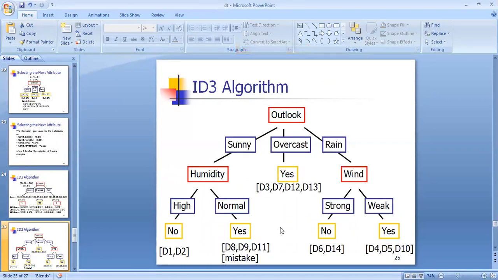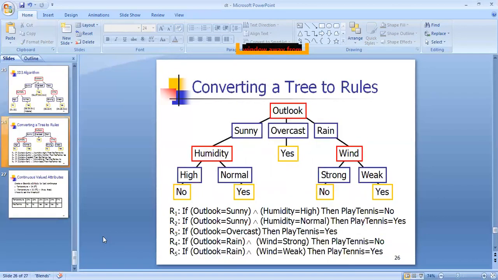Now you have to check that each one comes: 1, 2, 3 are here, 4 is here, 5 is here, 6 is here, next 7, 8, 9, next 10, 11, 12, 13, 14. All the samples should come and sit in the ID3 algorithm.